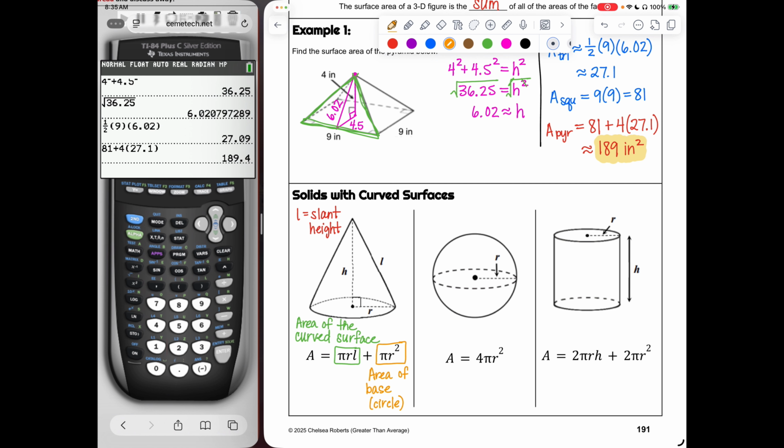Okay, the formula for the surface area of a sphere is just 4 times pi times r squared. And then the surface area of a cylinder is equal to pi r h plus 2 pi r squared. So we already know that the 2 pi r squared, we already know that part comes from being the area of both of the circles on the top and the bottom. Okay, so it's the area of 2 circle bases.